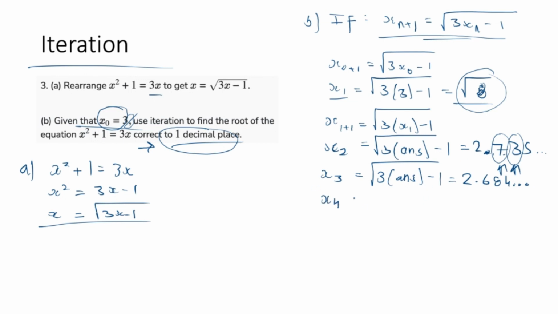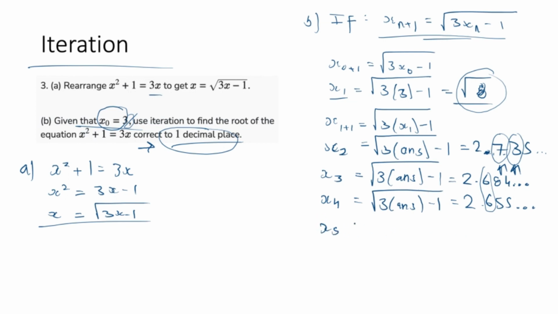And then you repeat to find x4: the square root of 3 ans minus 1 again. That should give you 2.655. The 6 is constant now. Now we just need to make the 100th term constant, and you essentially keep repeating this process till you reach that point.